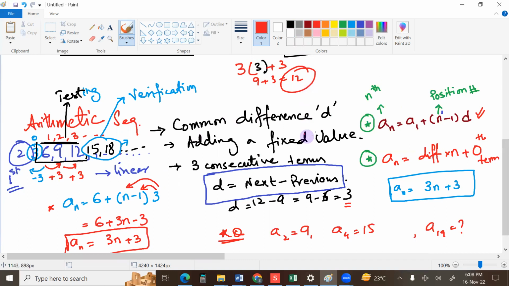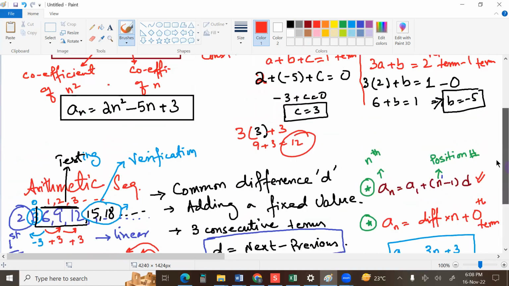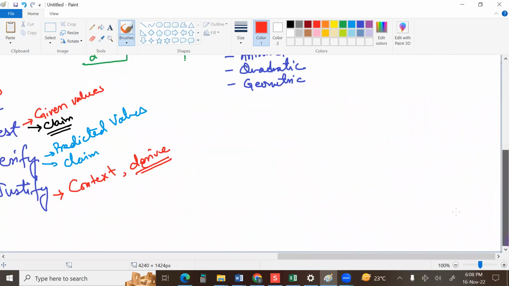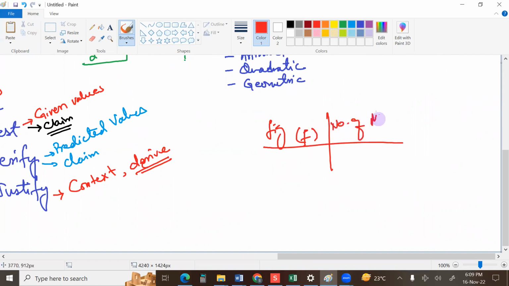Another precaution is that you have to use the same variables as given. Let's say we have a scenario where we were given some matchsticks and some figures. Let's say figure number F and number of matchsticks M. You are going to write a general rule for matchsticks. Let's say this is 3F plus 1.